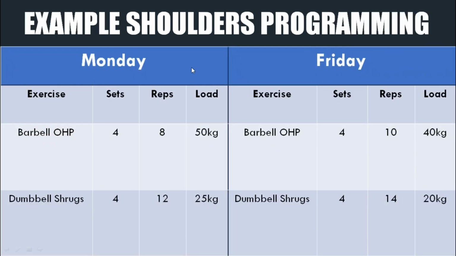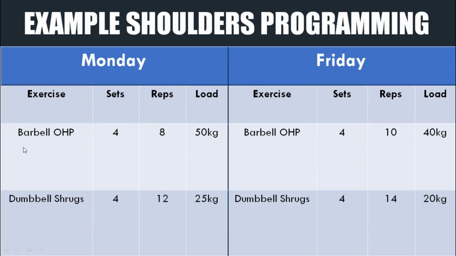So how would a shoulder program look on paper? We would usually have the shoulder exercises on the same day as other exercises. So probably on a pressing day we could do some of these shoulder exercises, and then potentially we may even have something like shrugs or reverse flies on more of a pulling type day.